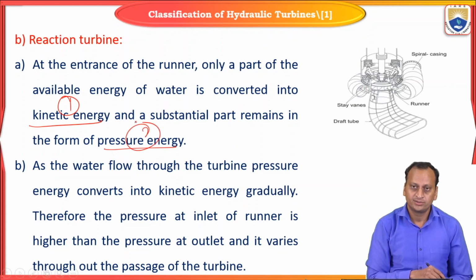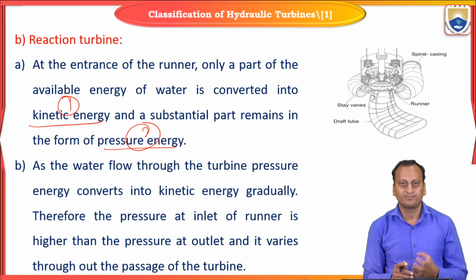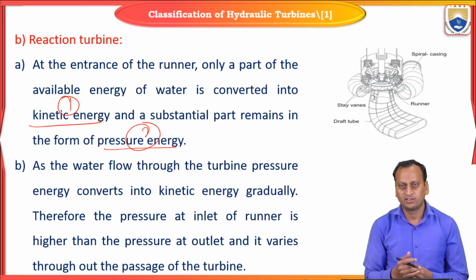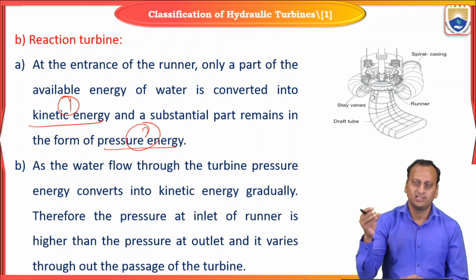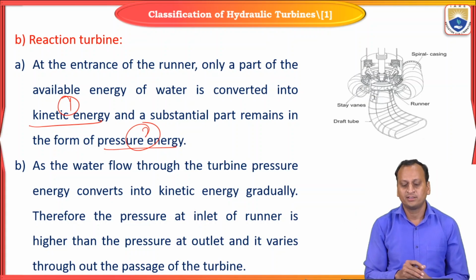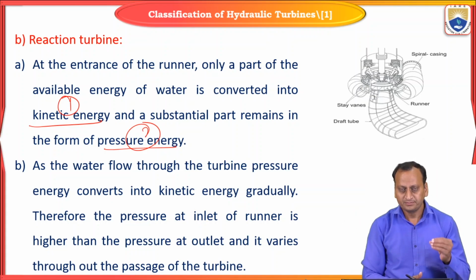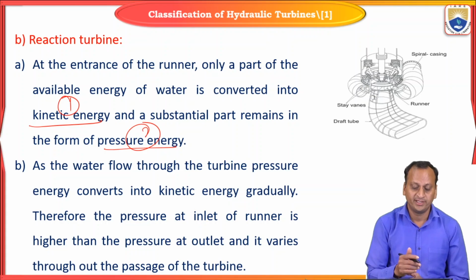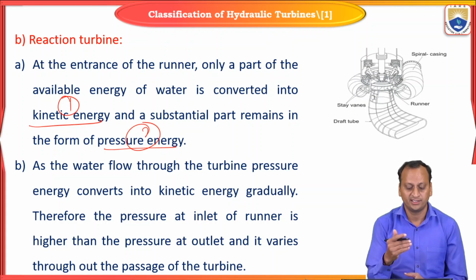Both will be there. By using a scroll casing or spiral casing, if the diameter of the scroll casing is gradually decreasing, then partial energy will be converted into kinetic energy, and a substantial amount of energy will remain as pressure energy. With these two energies, it will hit the runner.